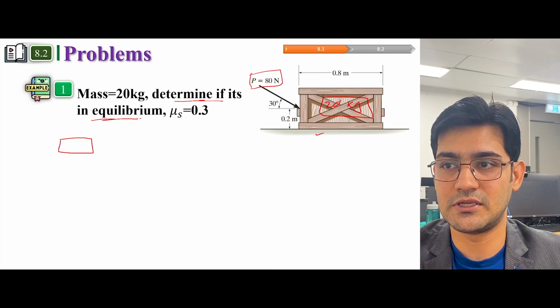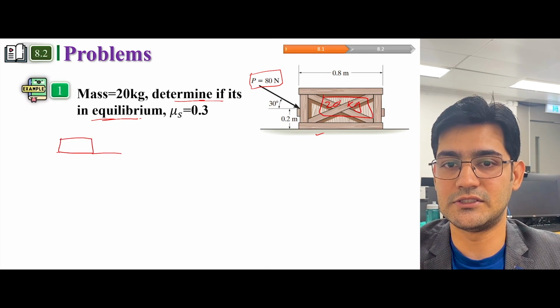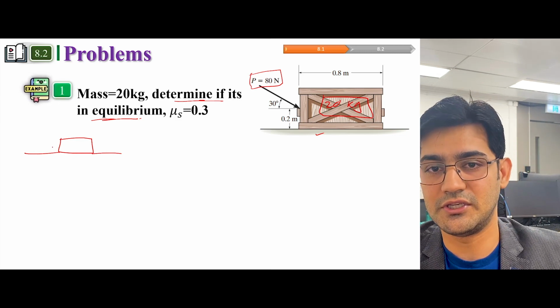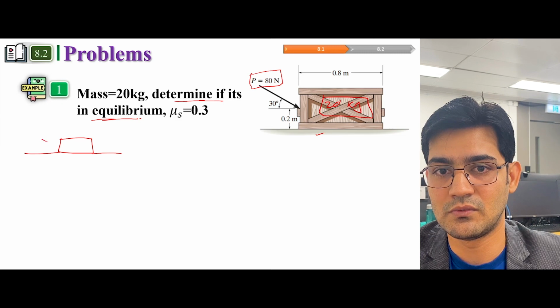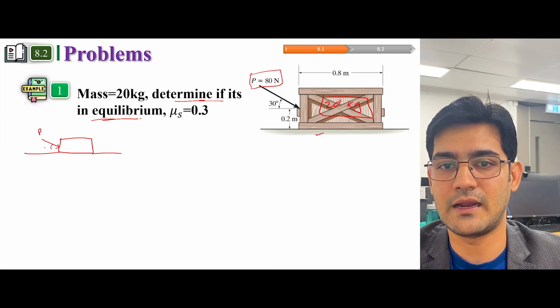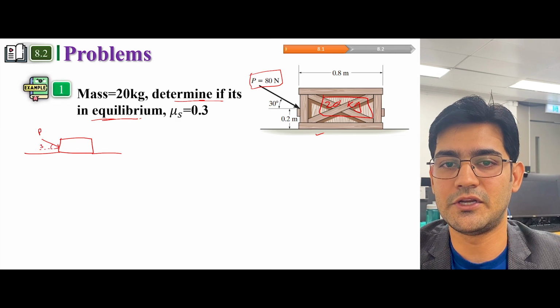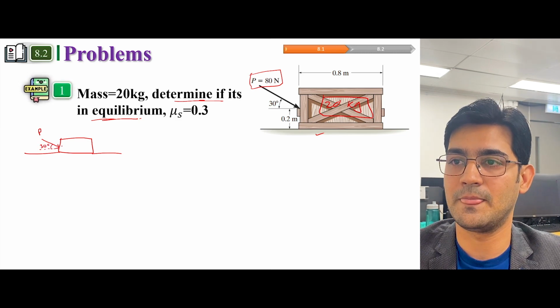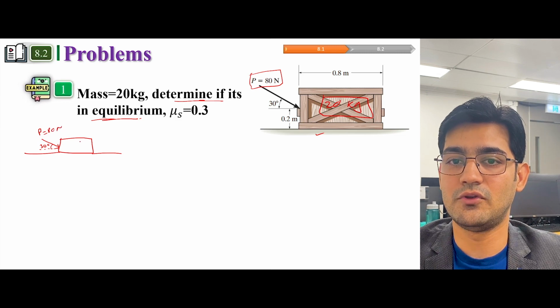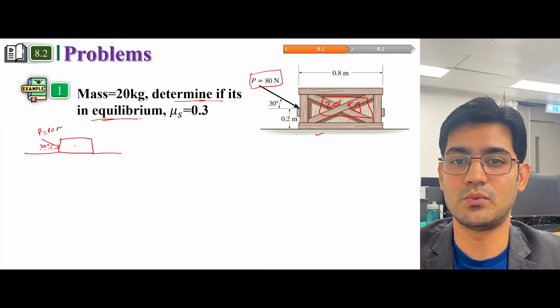So this is an object and this is the sliding surface, and we already know the action force, which is load P acting at 30 degrees from the horizontal axis, and this load is 80 Newton. And we also have a weight which will act on the center of gravity.